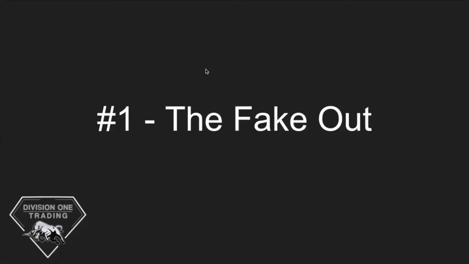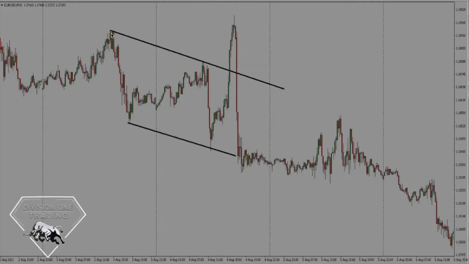So the first one is the fake out. This is a setup where we have a trend line. So say right here, we had a channel. It breaks. So it doesn't follow the trend line, but we're also not looking for a break and retest.